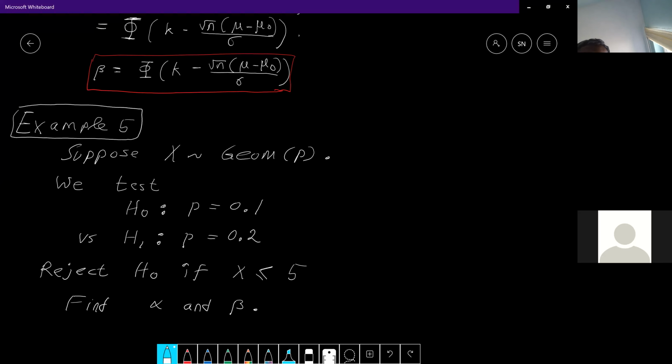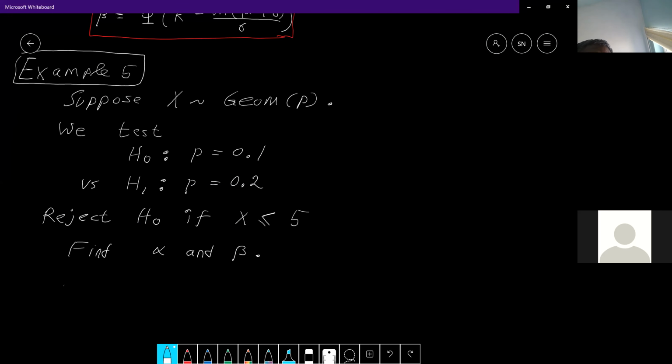Okay, so let's see how we can do this. All right, let's start with alpha first. Alpha, remember, is the probability of rejecting the null hypothesis when it is true. So it is P equal to 0.1.